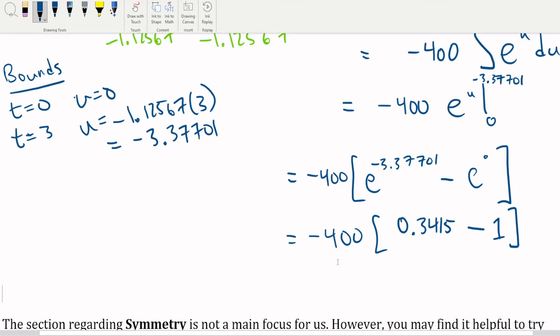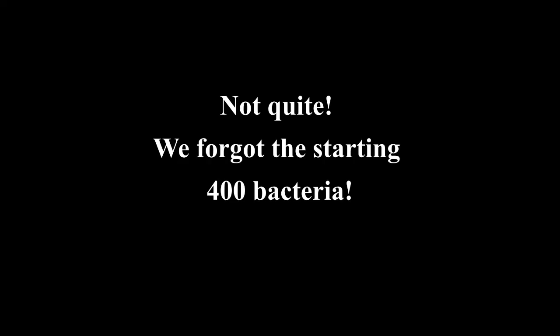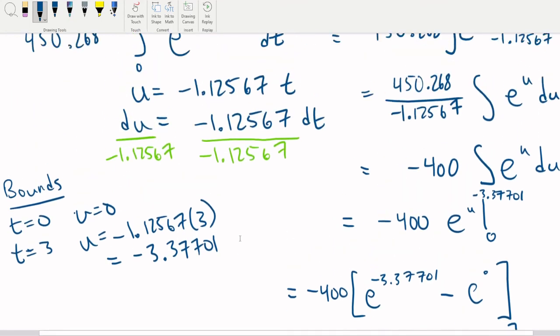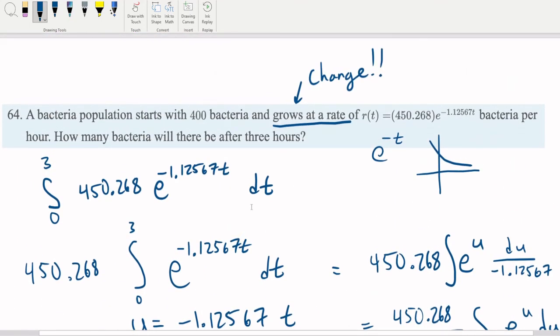And then we're going to multiply that by negative 400. Gives me 386.34. So that's my population. All right. So there you go. We've got it.